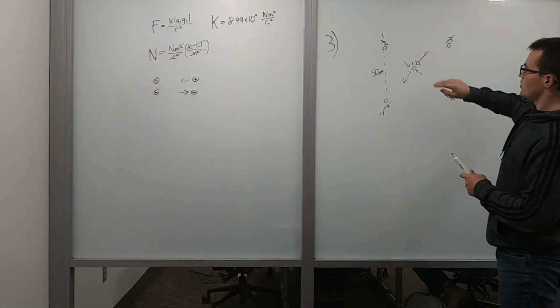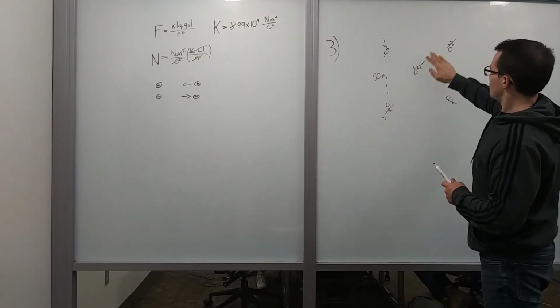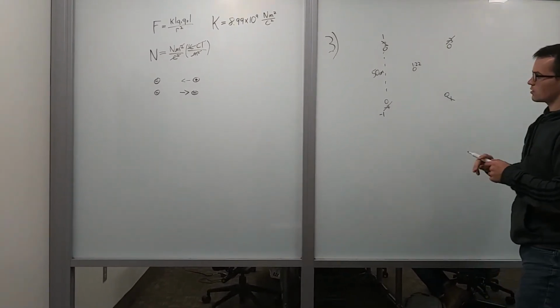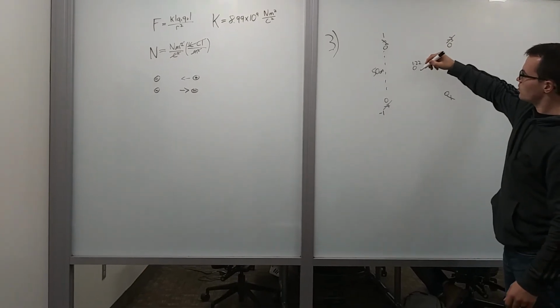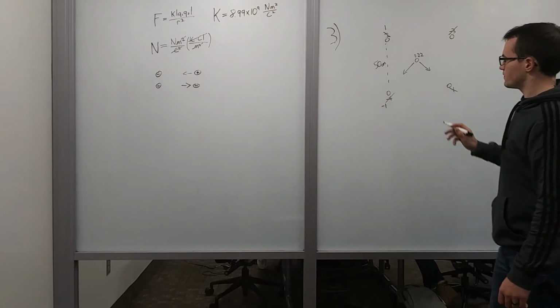So, I'm going to get rid of these. The forces that this is going to experience are going to have a net 1 in this direction and a net 1 in this direction.